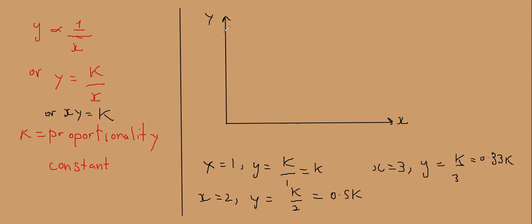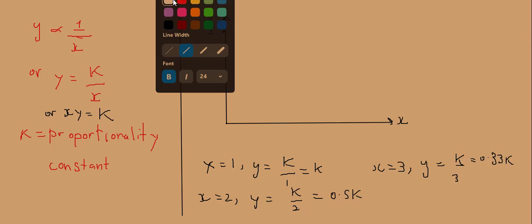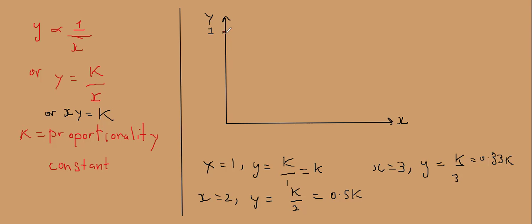So we can draw the graph for y inversely proportional to x. It is in this manner, right? It will keep on decreasing in that way. Suppose this is 1. Here it will keep on decreasing in this manner, with a different color I am showing here. So in this way the graph is decreasing.